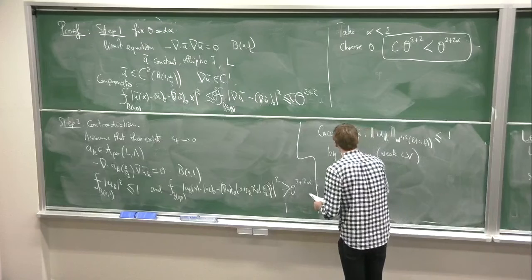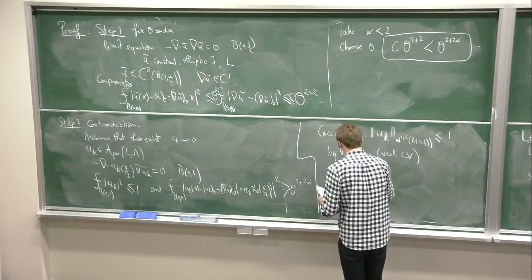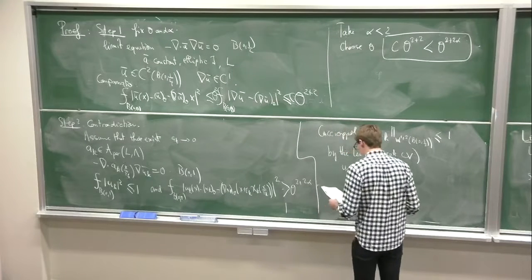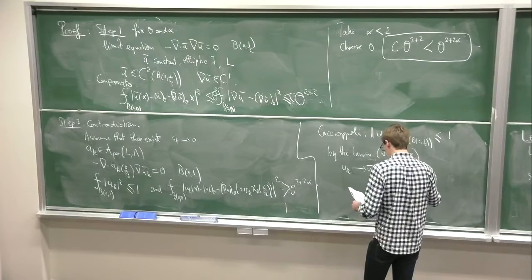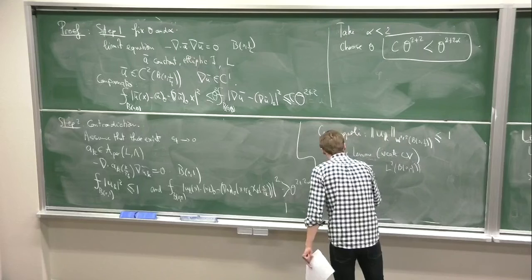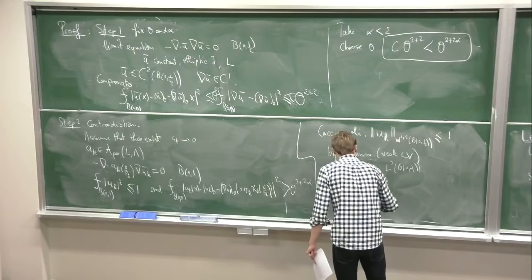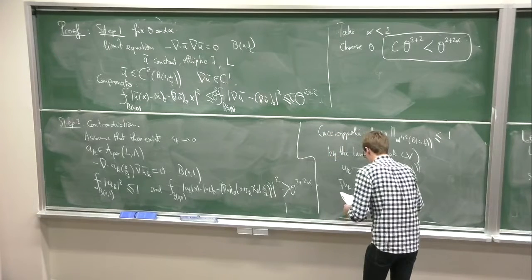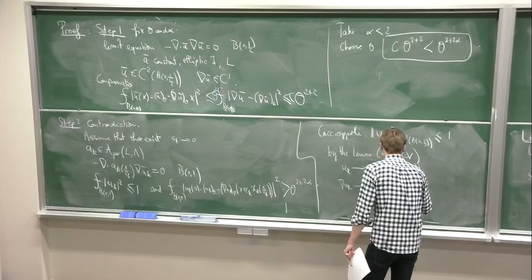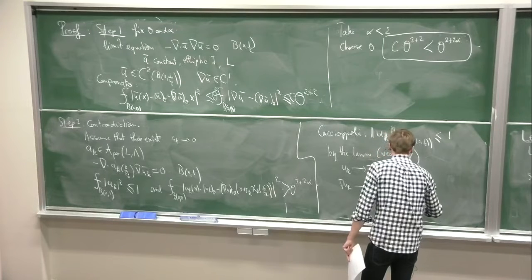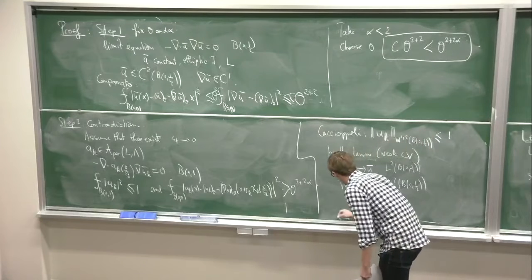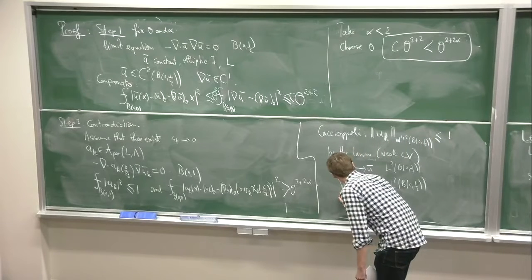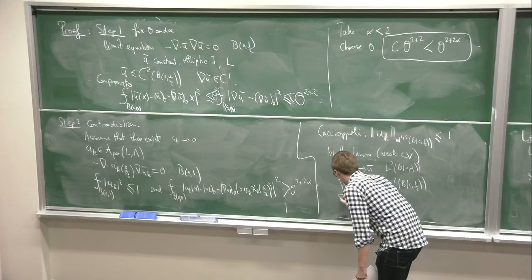You have that U k is converging strongly to U bar in L2 of B0, and the gradient of U k is converging weakly to the gradient of U bar in L2 of B0, and moreover U bar solves the homogenized equation.